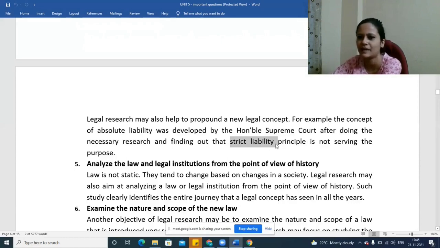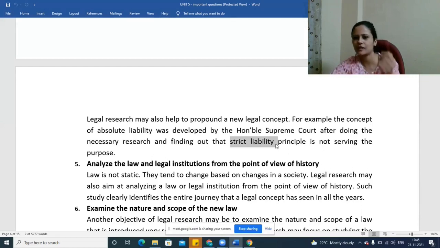This is mainly applicable for driving, causing accidents, drunken driving. Not that also. It might be like I am keeping something in my premises for my own benefit, for my own use. It escapes from my premises and causes loss to you.